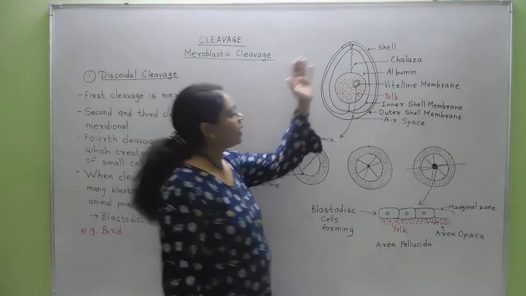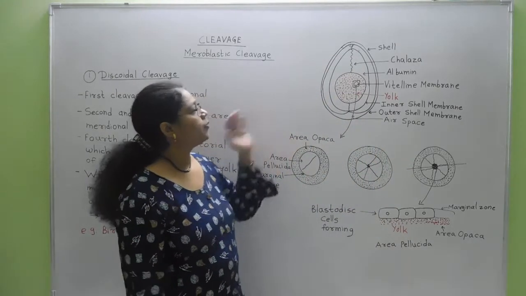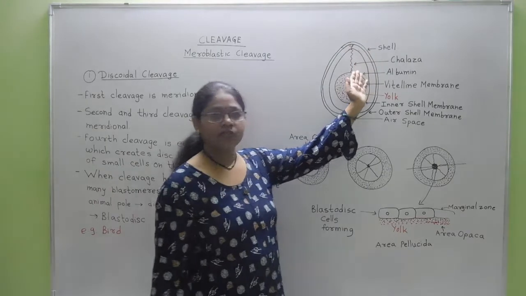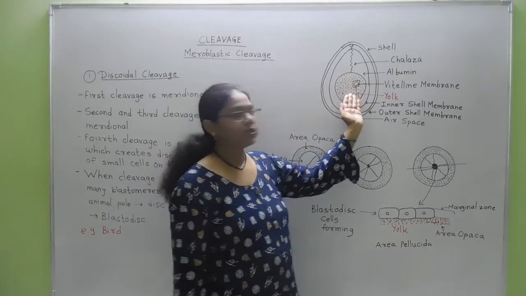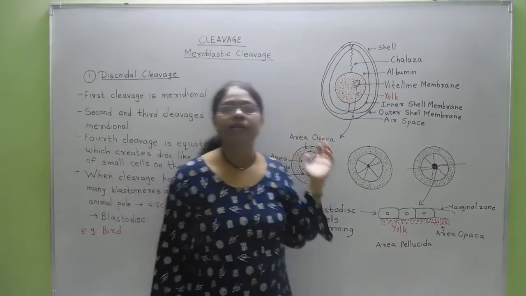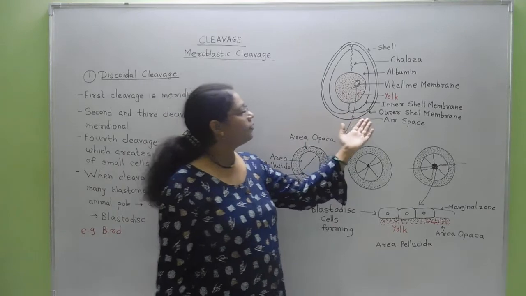Now this is the diagram for the bird's egg. It is a chick egg. This is the shell, this is chalaza, this is albumin, then this is yolk. Now in the telolecithal kinds of eggs, the yolk is concentrated at the vegetal pole.